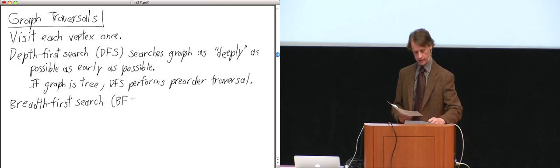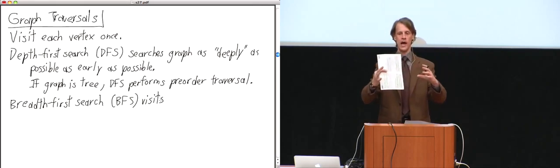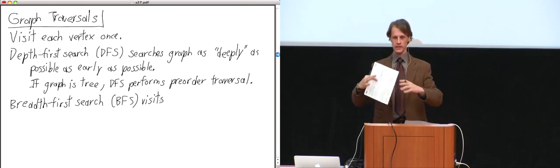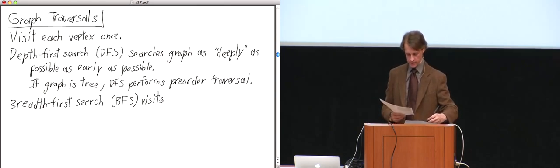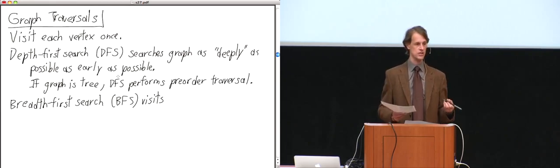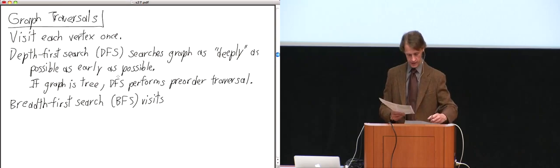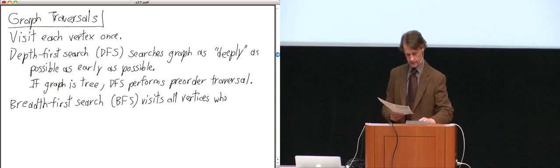Again, long unwieldy names, we usually just call it BFS. What breadth-first search does is it moves outward sort of continuously and smoothly in all directions from the starting node. First it visits the vertex that you choose to start the breadth-first search at. Then it visits all vertices whose distance from the starting vertex is 1.